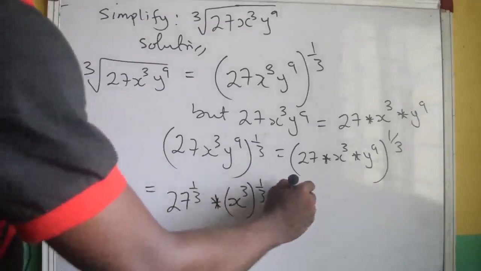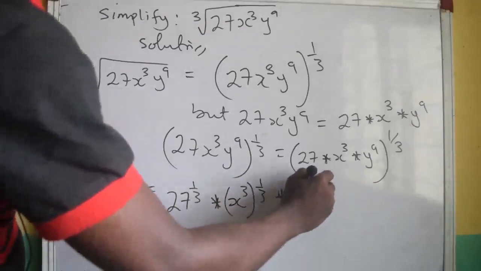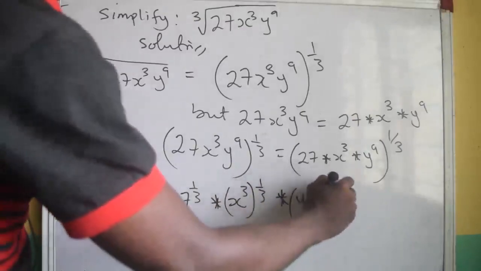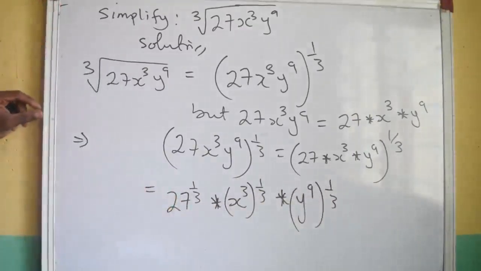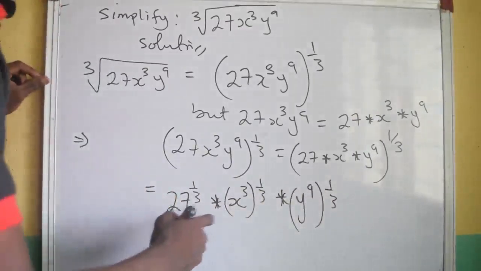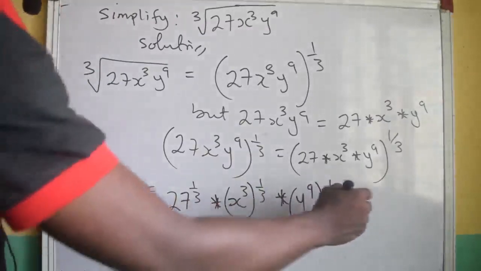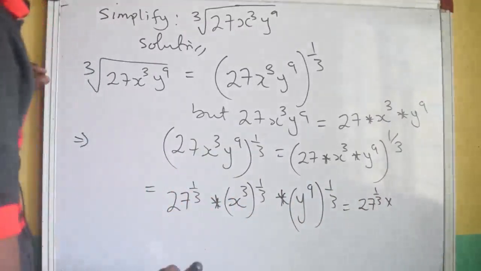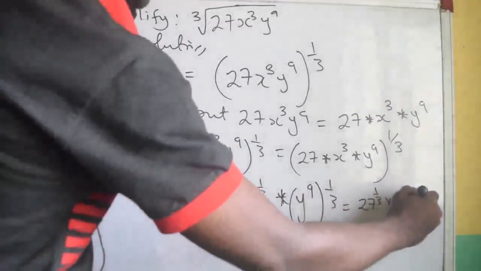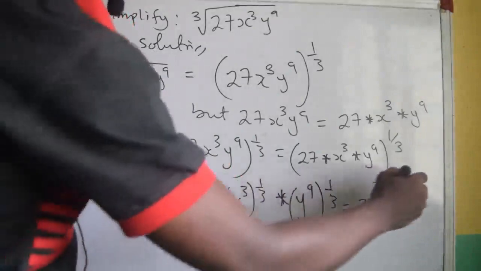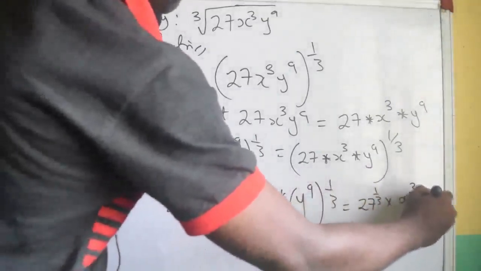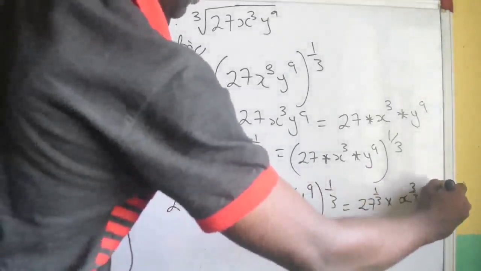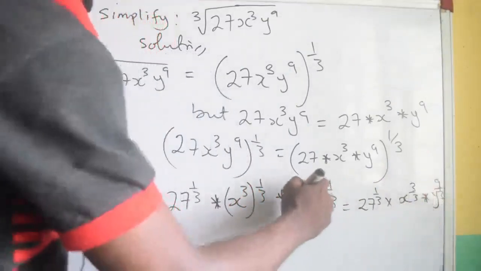Multiplied by y raised to the power 9 all raised to the power 1 over 3 again. So this will surely be 27 raised to the power 1 over 3 times x raised to the power 3 times 1 is 3, all over 3, times y raised to the power 9 over 3. That's 9 times 1, 9.